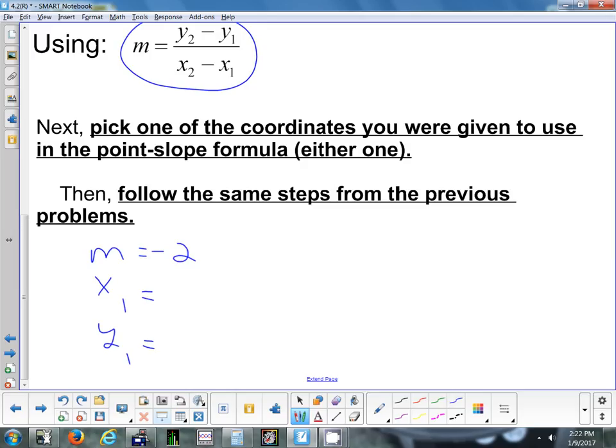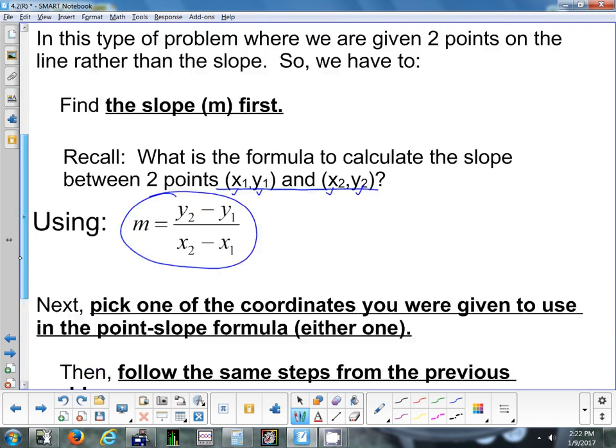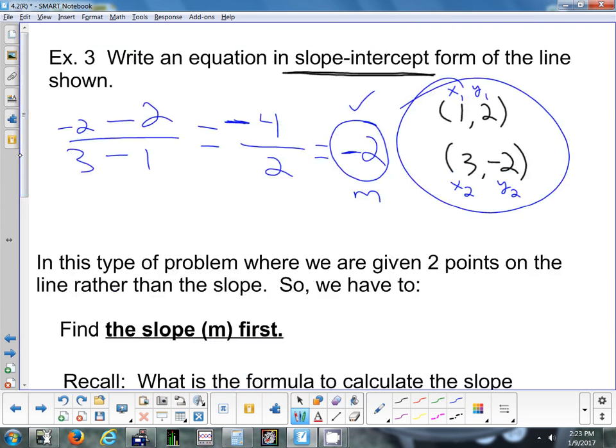Now, I need to scroll back up so we can look at the coordinates. Okay, I'm gonna scroll back down in a second. I need to pick an x value and a y value. Which coordinate do you think is easier to use? The first one or the second one?